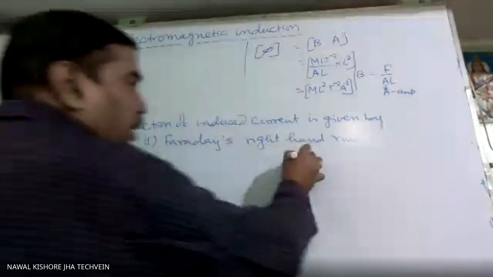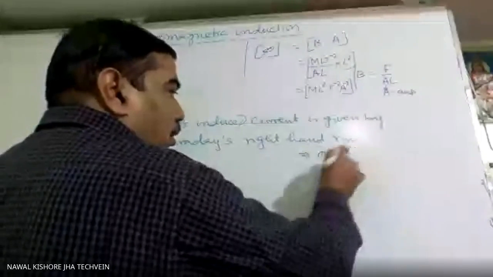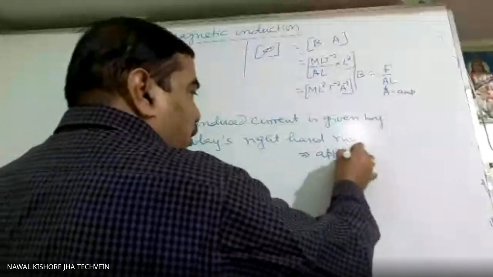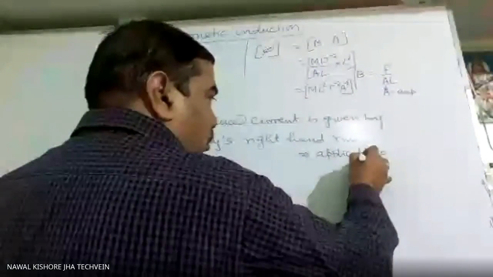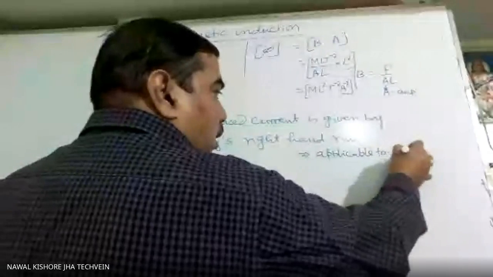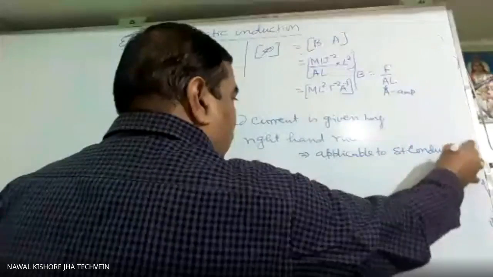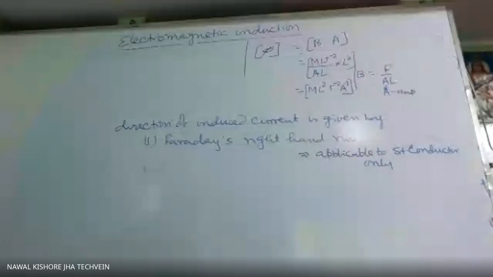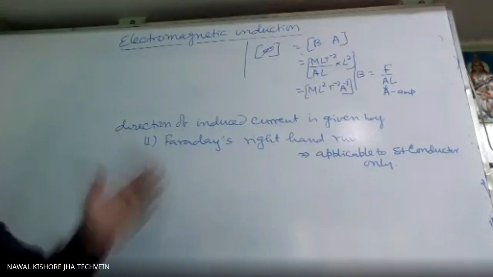The right hand rule is applicable to straight conductors only. If it is a rectangular coil, all four sides are in different directions, so we can apply it for a straight conductor only.